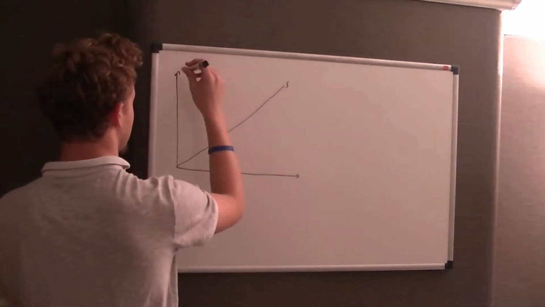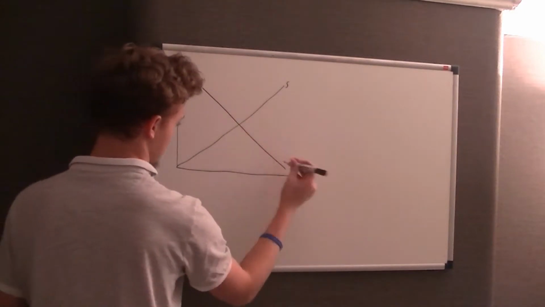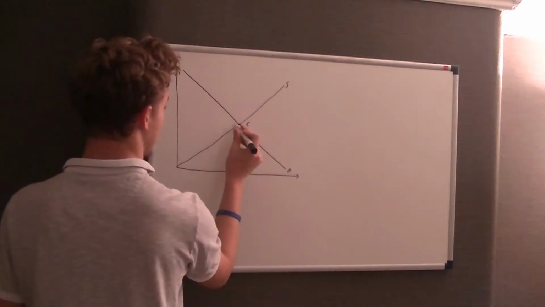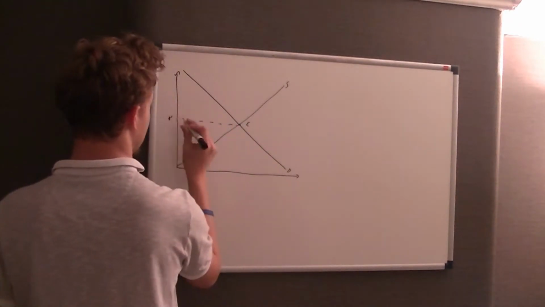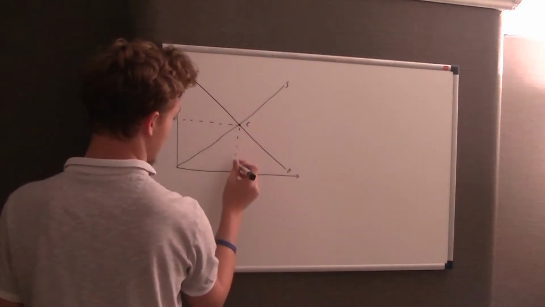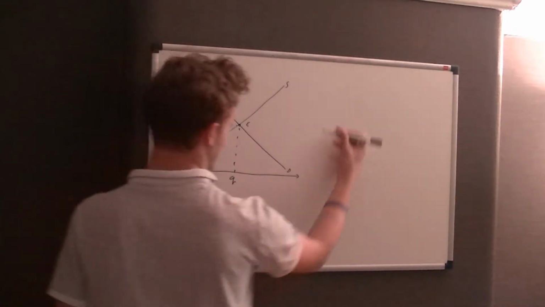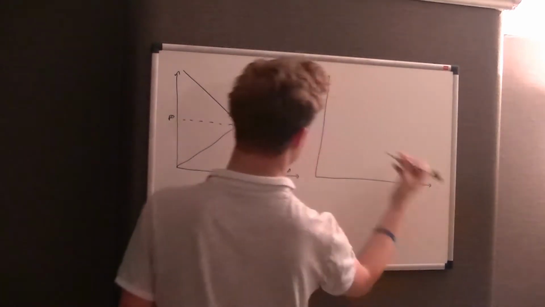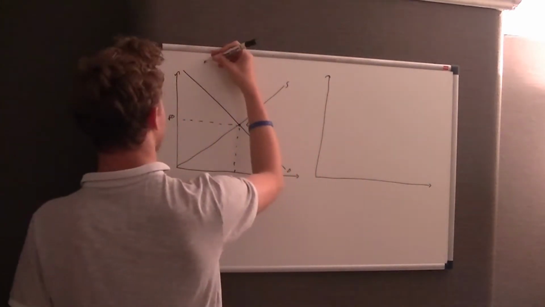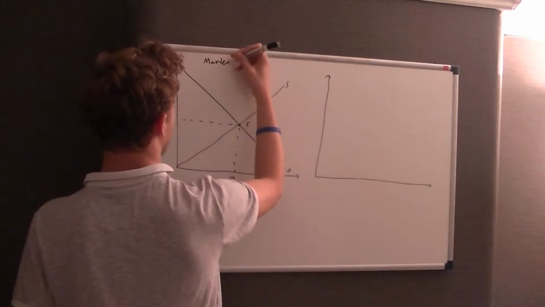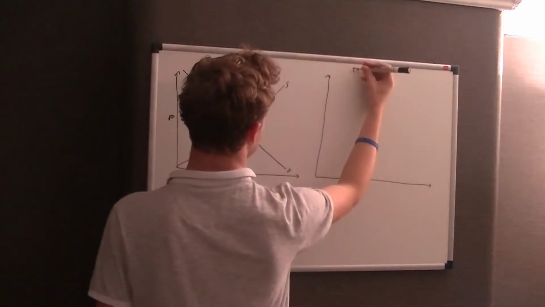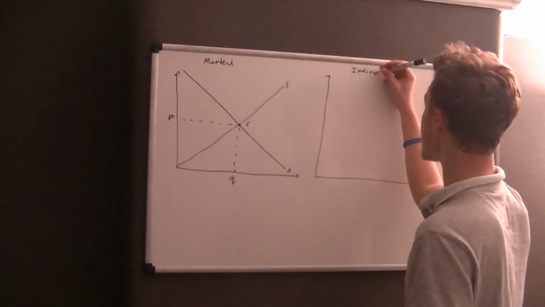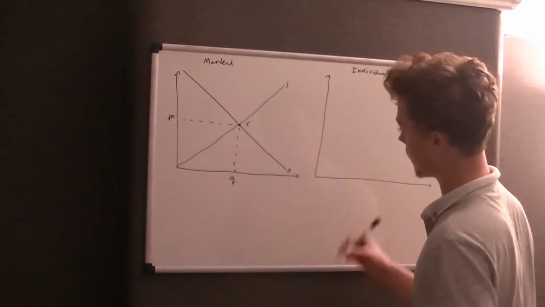You have supply and demand, where the intercept is the equilibrium E. And you had a market price P, and a quantity demanded and supplied Q. And then we drew another axis next to it. So it's the market, and then the other one is the individual in the market.